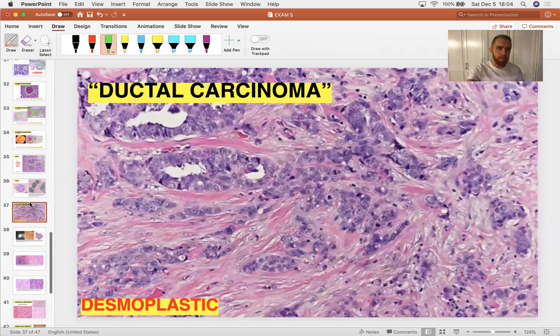Now, ductal carcinoma, I found it very tough to get some histology that really was particular to the ductal carcinoma. What I want you to know is that in your mind, breast cancer should be ductal carcinoma until proven otherwise. And really, it doesn't matter too much what it looks like histologically because we're treating these cancers based off of, do they have the estrogen receptor?